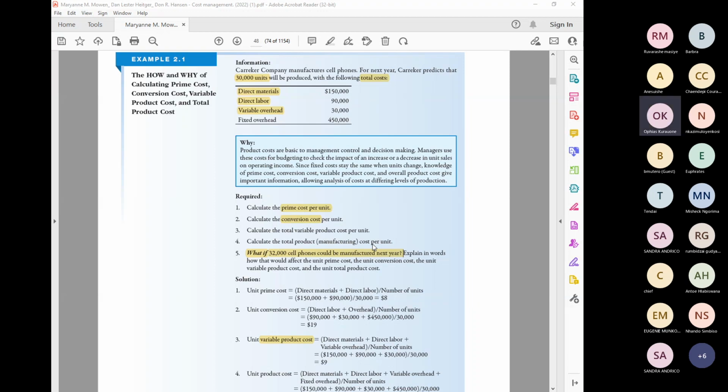Total cost of production per unit. What are the effects of increasing volumes?